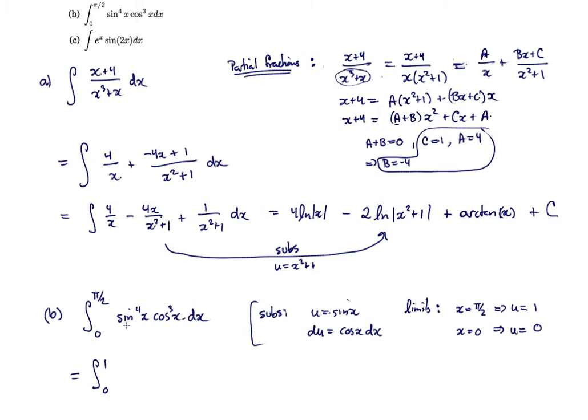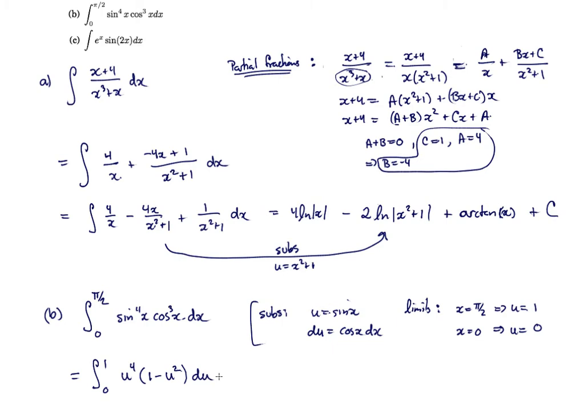Now sine, we've just substituted by u, so that's u to the 4th. The cos cubed, well, one of the cosines I borrowed with the dx, so that leaves a cos squared left. A cos squared left can be written as 1 minus sine squared, and sine is u, so this can be written as 1 minus u squared, and then cos x dx is du.